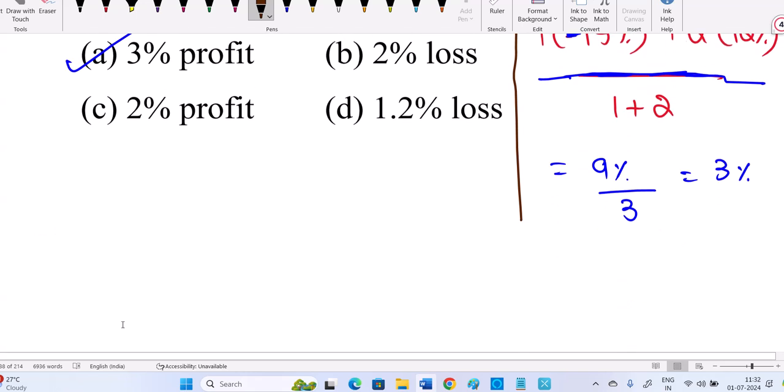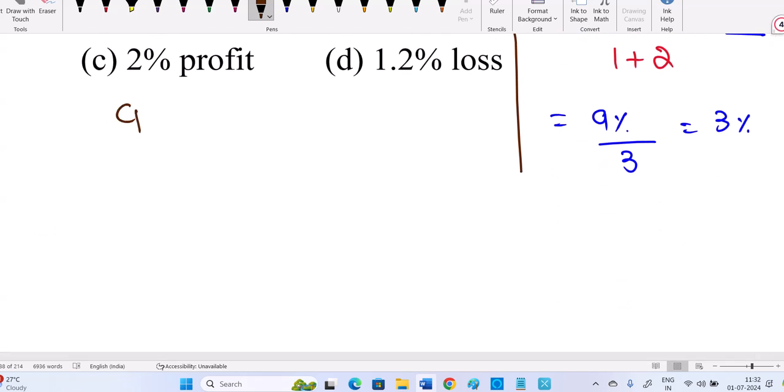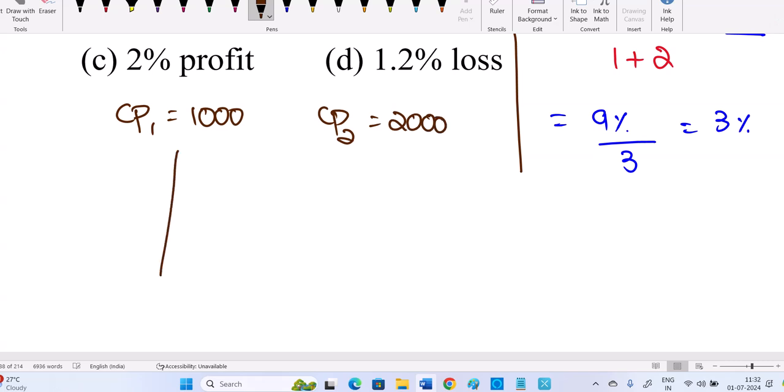I'm taking the first car as 1000 rupees, second car price as 2000 rupees. First one with 15% loss. What is 15% for 1000? 150, right? 15% means 15 out of 100.